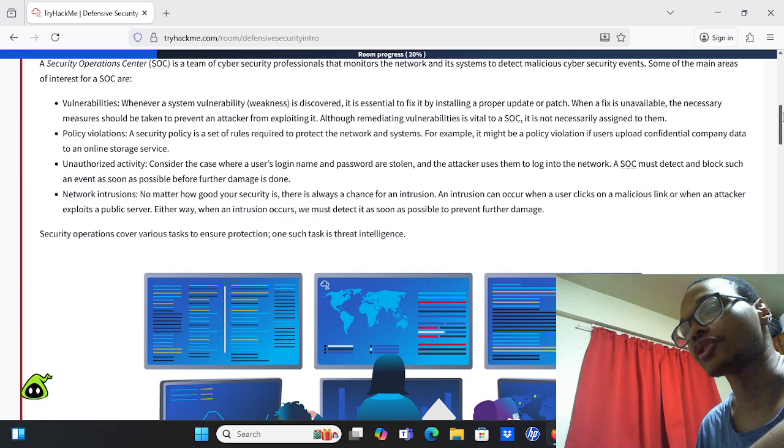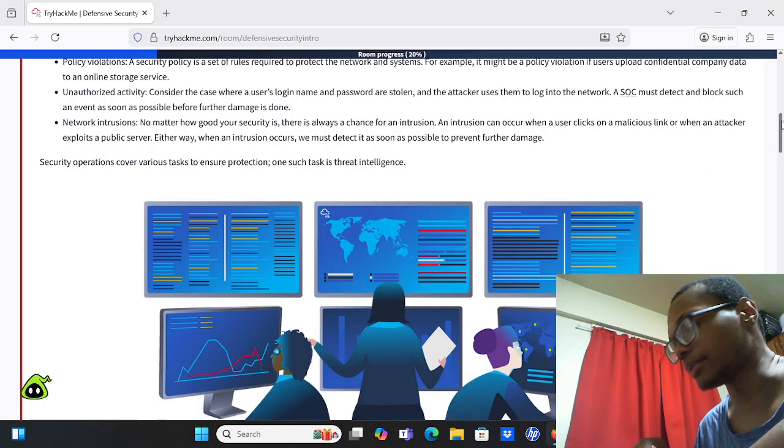A SOC must detect and block such an event as soon as possible before further damage is done. Network intrusion. No matter how good your security is, there is always a chance of intrusion. An intrusion can occur when a user clicks on a malicious link, or when an attacker exploits a public server. Either way, when an intrusion occurs, we must detect it as soon as possible to prevent further damage.